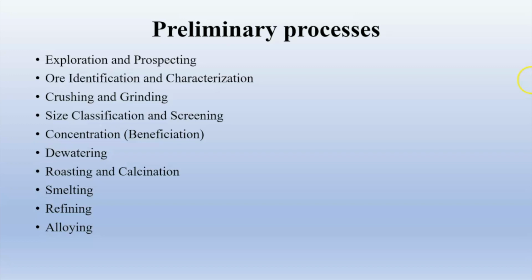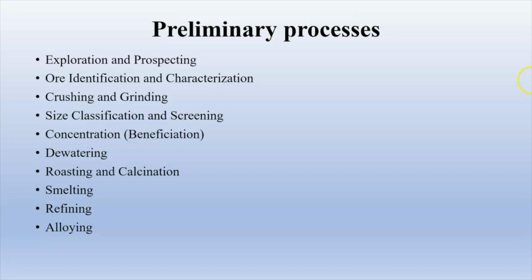Roasting and calcination are thermal processes that are used to convert ores and metal compounds into more desirable forms for further processing. Roasting involves the removal of volatile impurities and sulfur from sulfide ores, whereas calcination involves the conversion of ores and metal compounds into metal oxides.